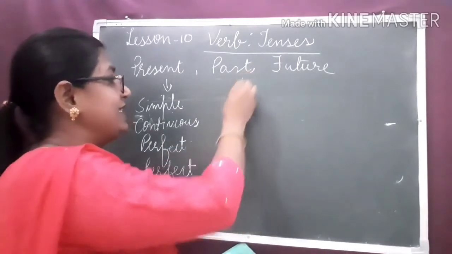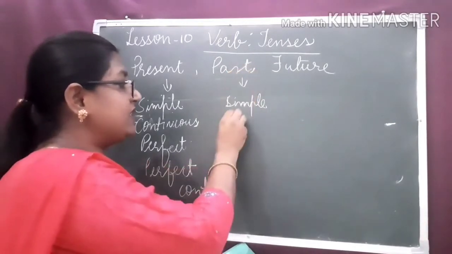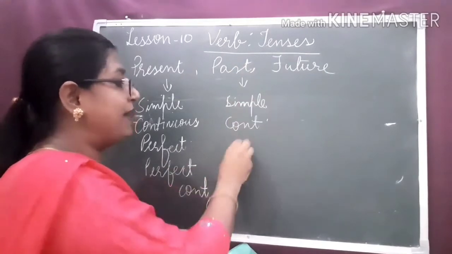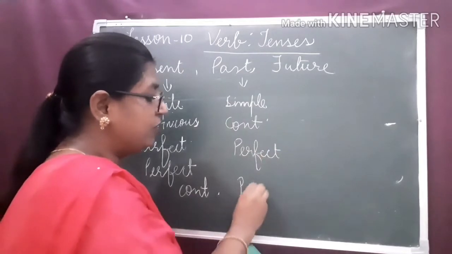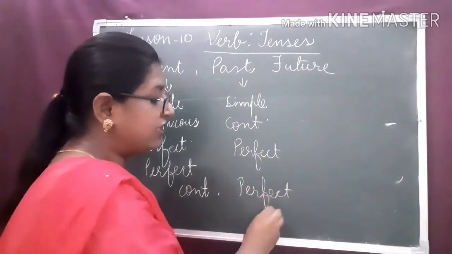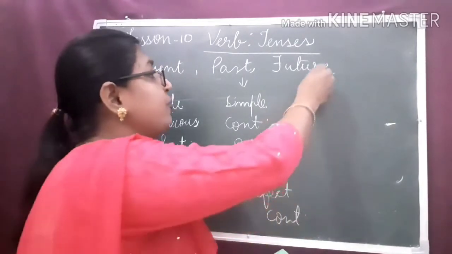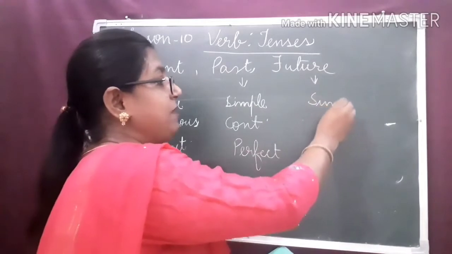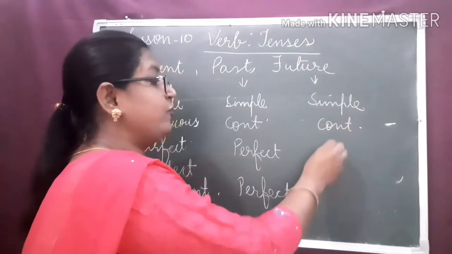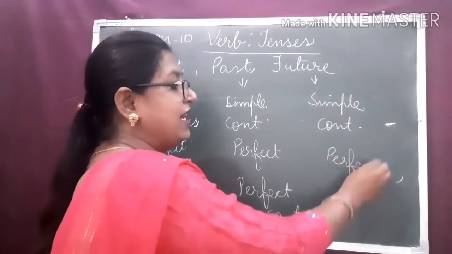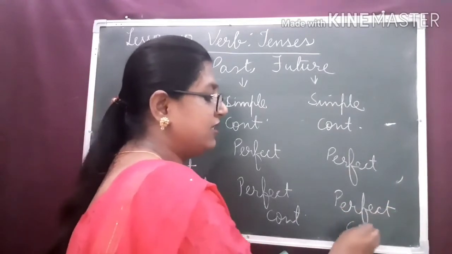The same way past tense also: simple past, past continuous tense, past perfect tense and the past perfect continuous tense. The same way future tense: simple future, future continuous tense, future perfect tense and the future perfect continuous tense.